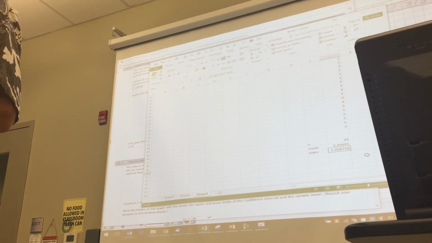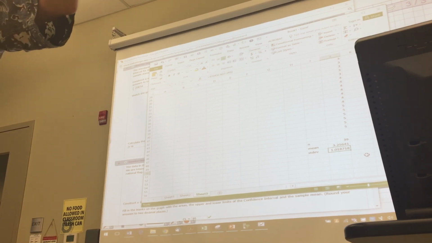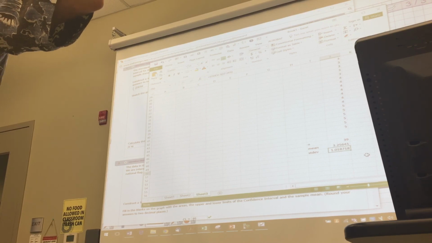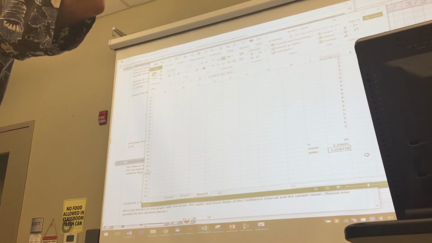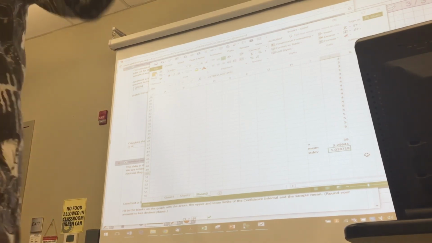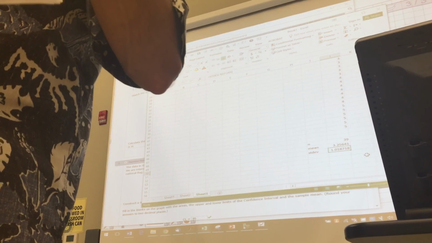If you use your T inverse to get your T table values instead of the T table, the T inverse on Excel and also the norm S inverse on Excel go to like 9 decimal place accuracy, where these only go to 4 decimal place accuracy, so you will get a slight variance.